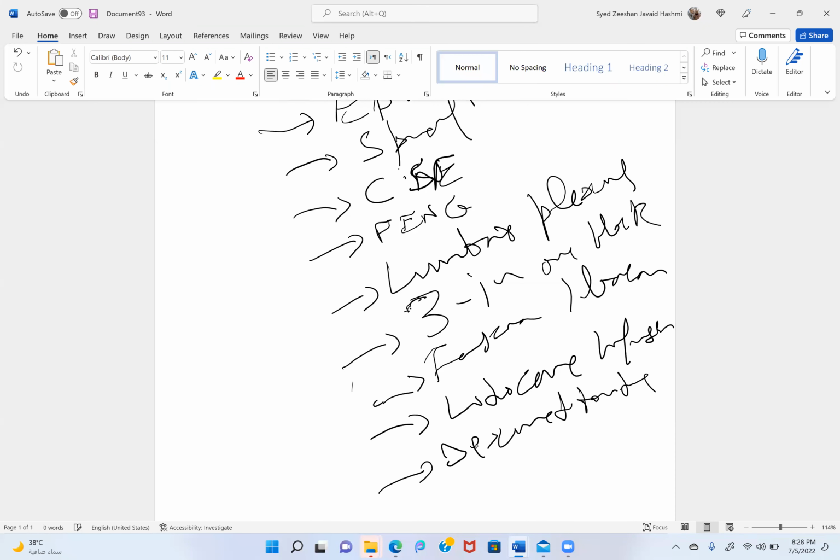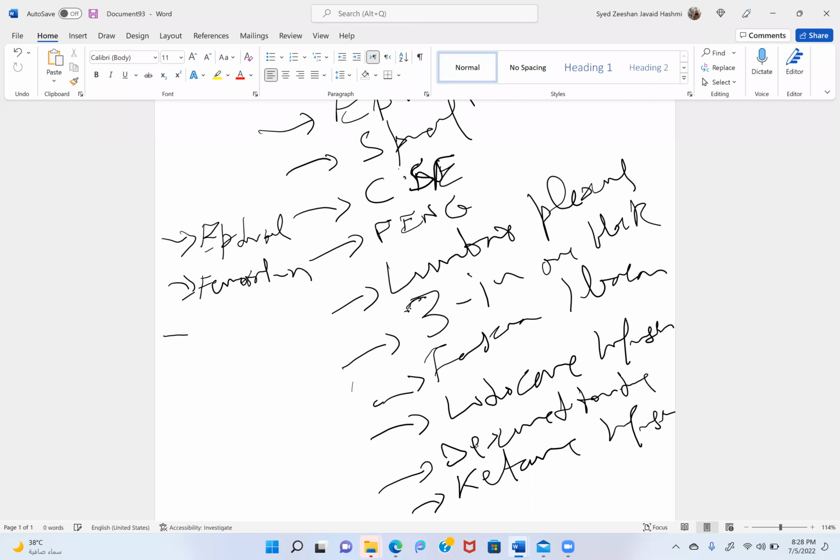Dexmedetomidine. Ketamine infusion. And the post-operative plan will be with the epidural. You can have this femoral nerve catheter. You can have PCA of either morphine or fentanyl.